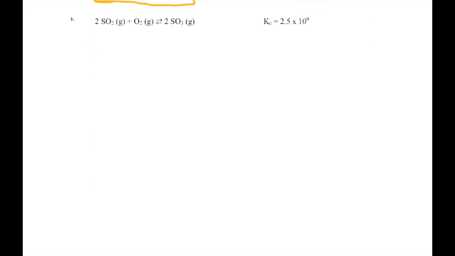Kc is very large. I kind of gave away the answer just now, but let's go through it and prove this to ourselves. We know the Kc for this reaction needs to equal the products to the power divided by our reactants.